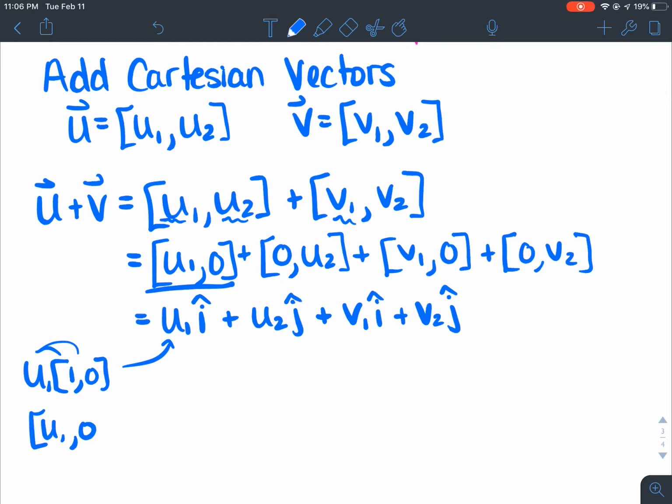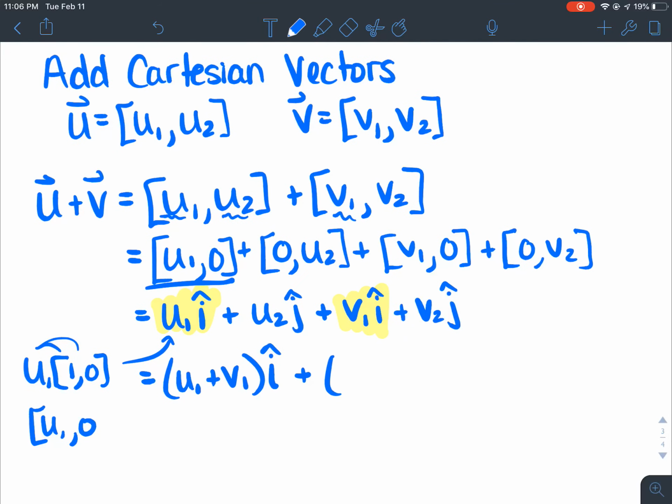And then I could factor out the i's. So I've got this one and this one, so I could group those two together. So I could have u1 plus v1, and then I've just factored out i hat.